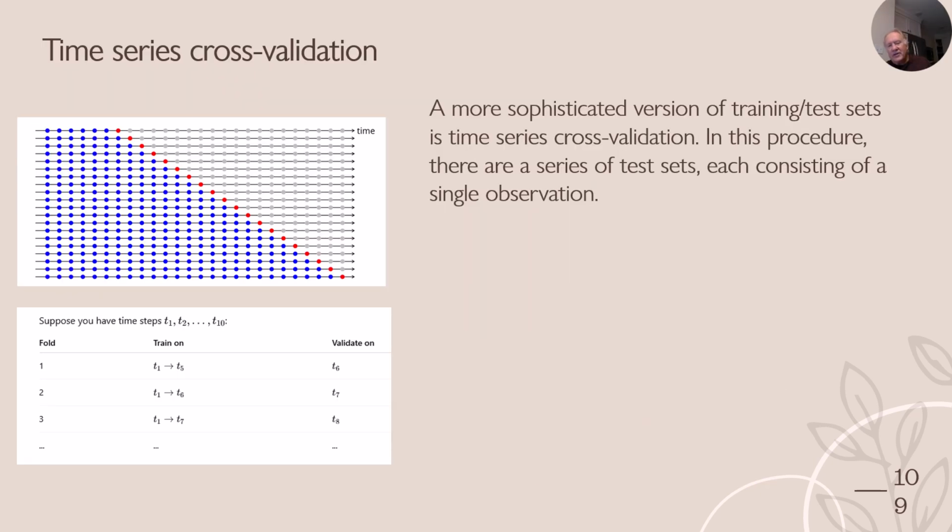A more sophisticated version of training and test sets is time series cross-validation. In this procedure, there's a series of test sets, each consisting of a single observation. So we use this much of the data to predict the first prediction, and then we use one more point to predict the next one, and we just predict point by point.